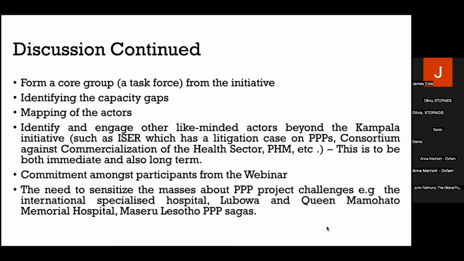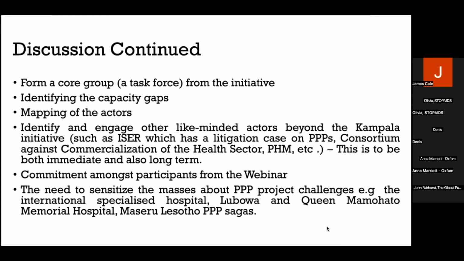And then again, we need to sensitize the masses about PPP project challenges. Most of these public-private partnerships are dressed up in gold. And at the end of the day, the process of them hurting the health systems instead of strengthening them, in fact weakening them, is a slow but gradual process.